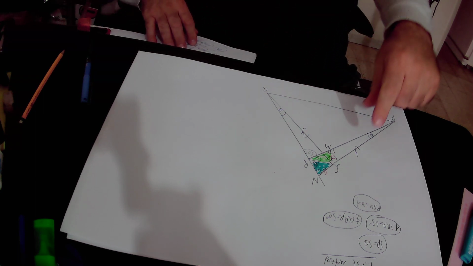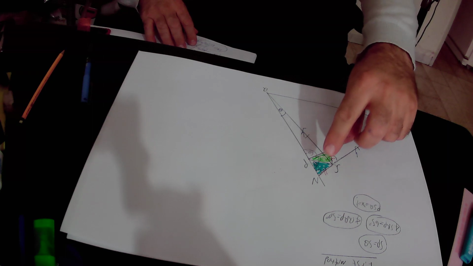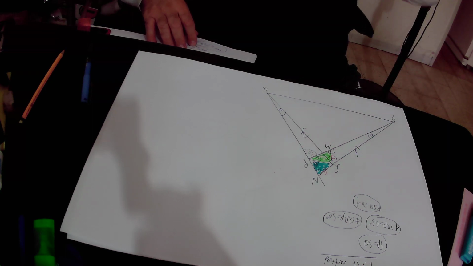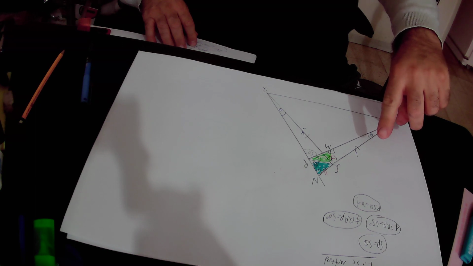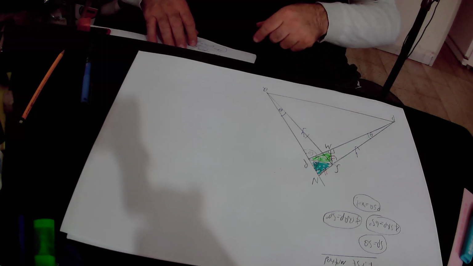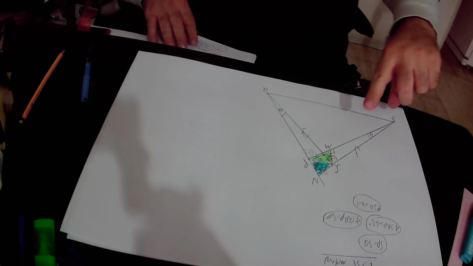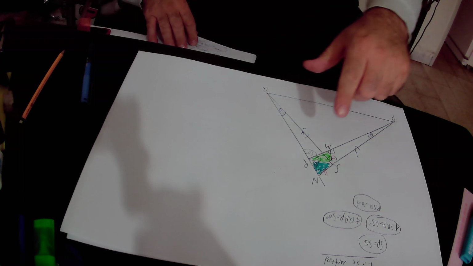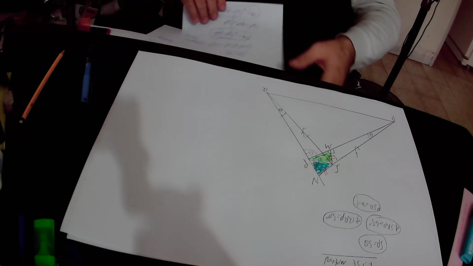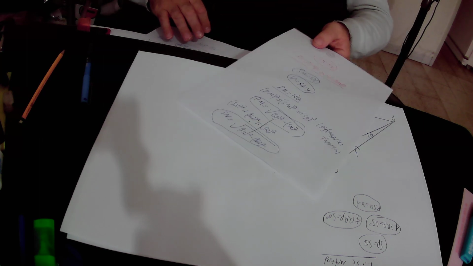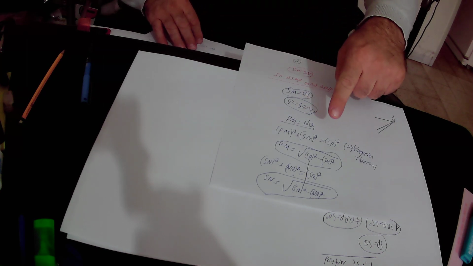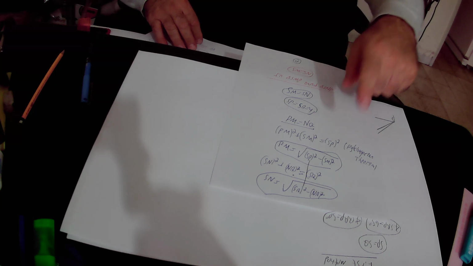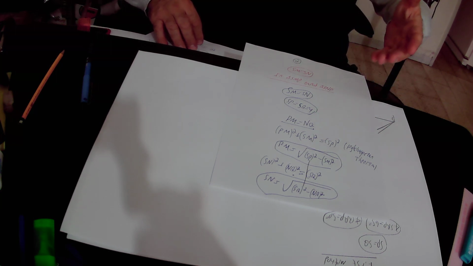First of all, we proved that SM equals SN. Then we know, according to what is given in the question, that SP equals SQ. And then we proved that PM equals NQ. So why does PM equal NQ? Because PM equals the root of SP square minus SM square, according to the Pythagoras theorem.